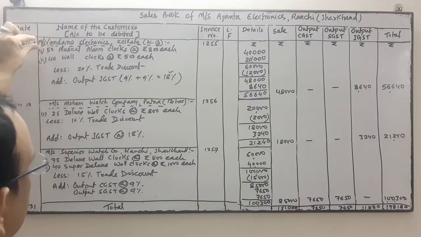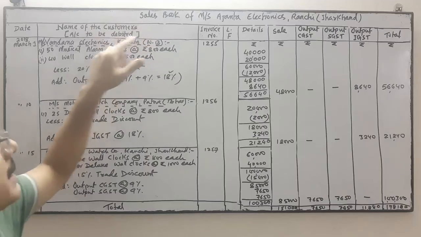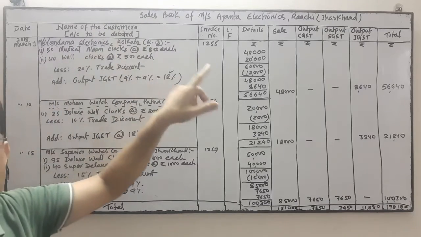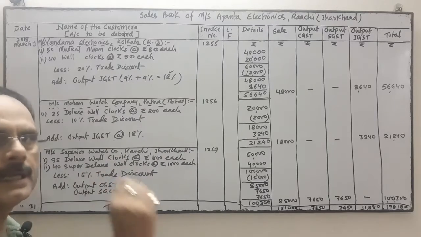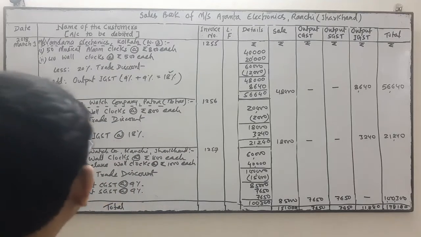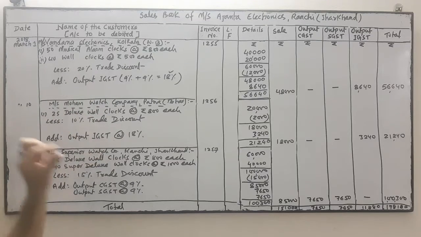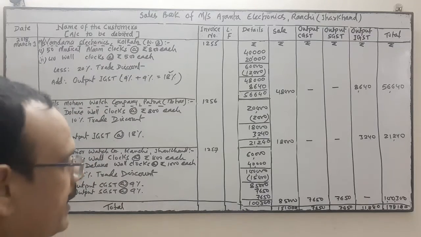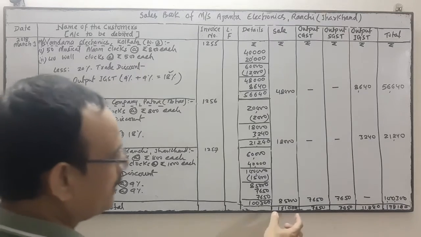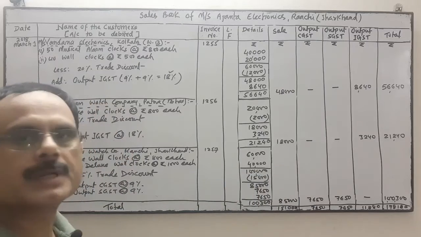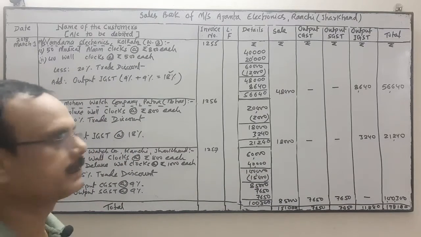When we open this account, this entry will be posted on the debit side. Mohan Watch Company, Superior Watch Company, the customer accounts, on the debit side, and the total will be in the sales account, credit side.